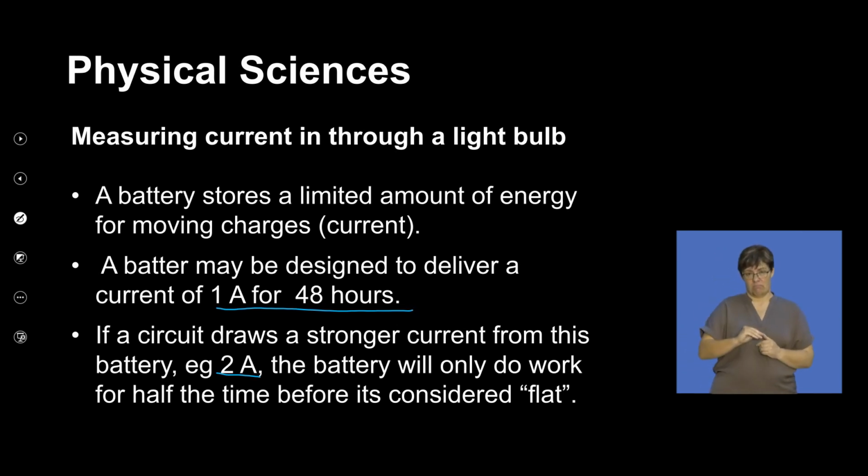Instead of lasting for 48 hours, because it was designed to supply 1 ampere of current for 48 hours, in half the time the battery will be flat. Half the time is a day, which is equivalent to 24 hours. So this has to do with the real life application of current.